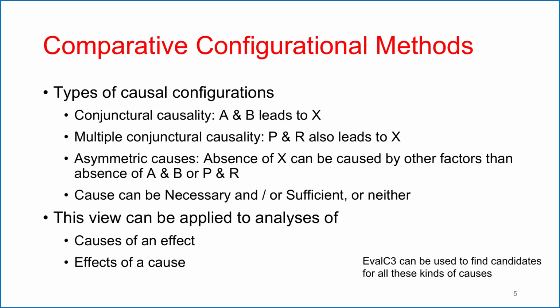For example, the causes associated with a successful immunization program, or the effects arising from a cash distribution program. All these types of causes are potentially identifiable using a set of methods built into EvalC3, if they have been followed up by supporting within-case analysis.